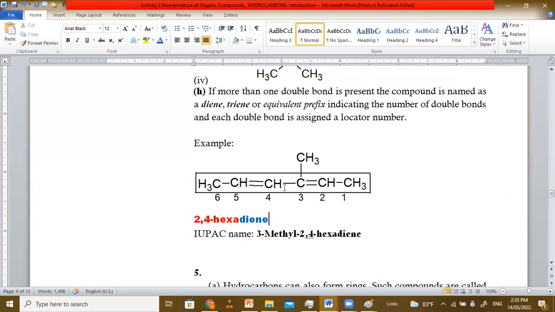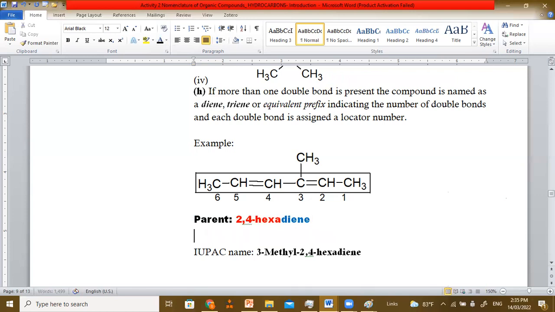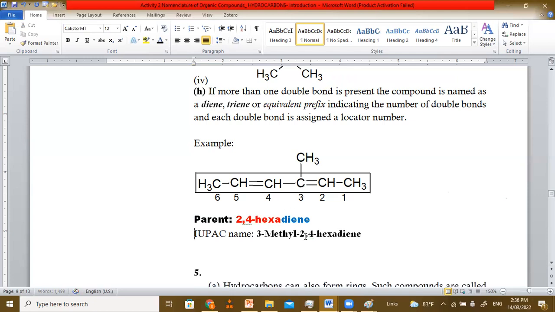Since the direction left or right of our parent chain is the same, either way, you always choose the first point of difference. So you have 3-methyl-2,4-hexadiene.